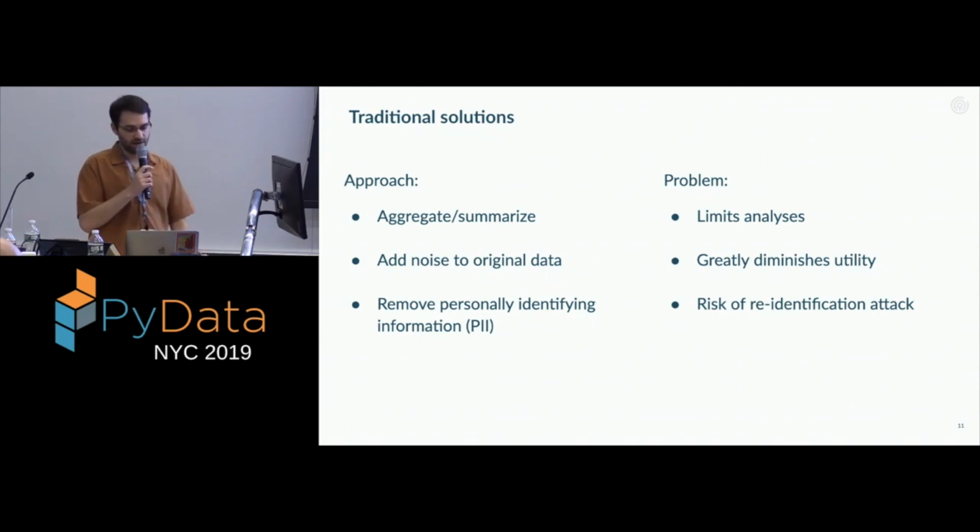And the reason is there's a risk of what's known as a re-identification attack, where maybe your name isn't in the data set, but there still might be information in the data set that uniquely identifies you. And so if someone can figure out which record is yours, then they can learn new information about you that way. And just more broadly, most of these techniques, it's often very hard to fully analyze and understand the kind of privacy that they offer and make real guarantees.